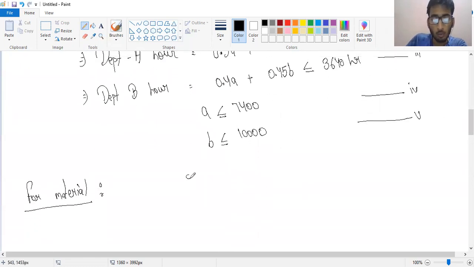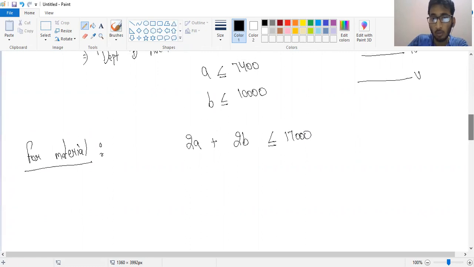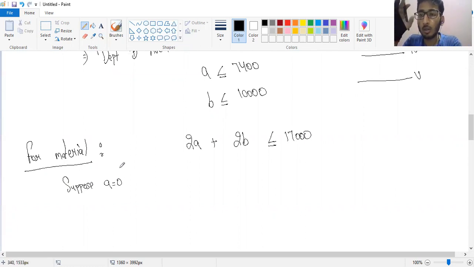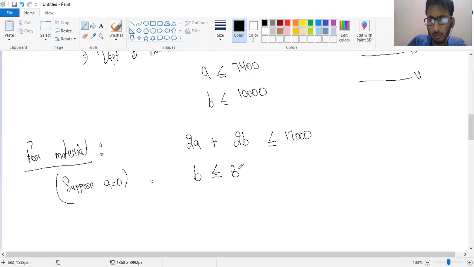For material, 2A plus 2B is less than or equal to 17,000. Now, how would the different points be created? Suppose A is 0, meaning I am making 0 units of product X. Then B would be less than or equal to 8,500.